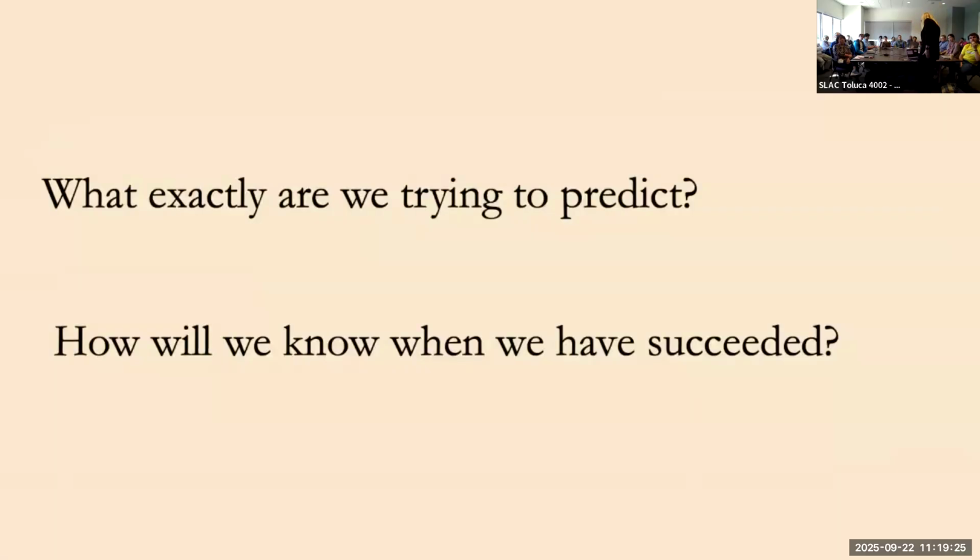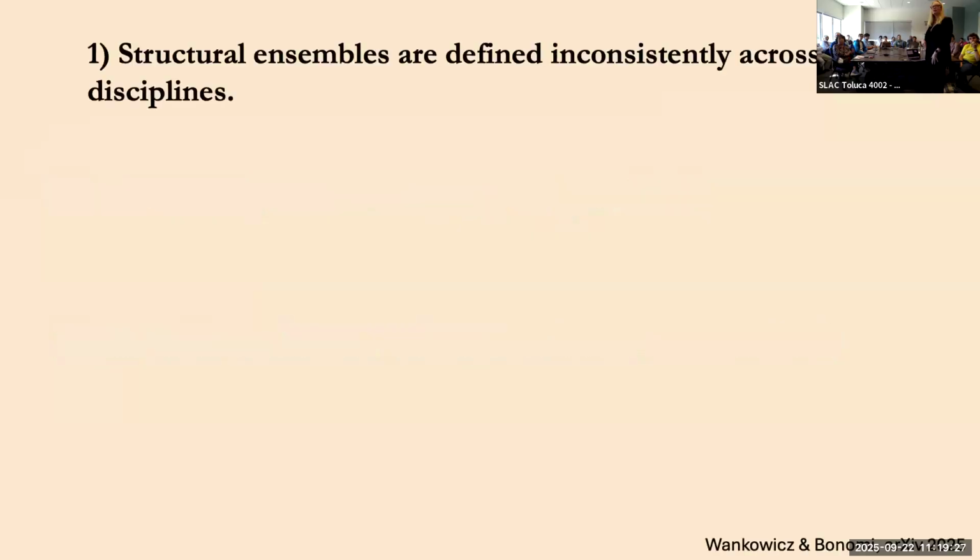So if we think about some of the things that are preventing us from getting there, and a lot of the ways that the structural biology community really needs to step in and help fill in some of these things, even if you aren't building the ML models, it's that, one, structural ensembles are really inconsistently defined across disciplines.